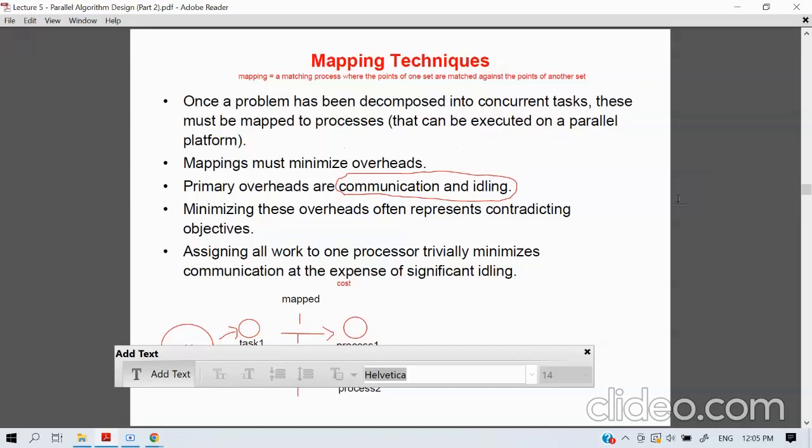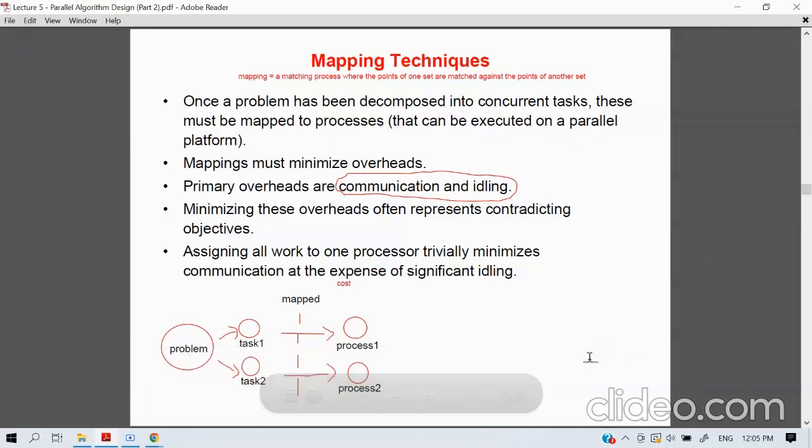Okay. So what are the overheads, guys? What are the overheads that might happen during the mapping process? Who can answer?